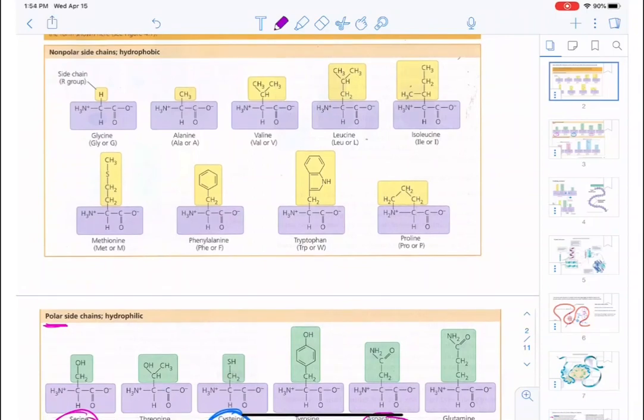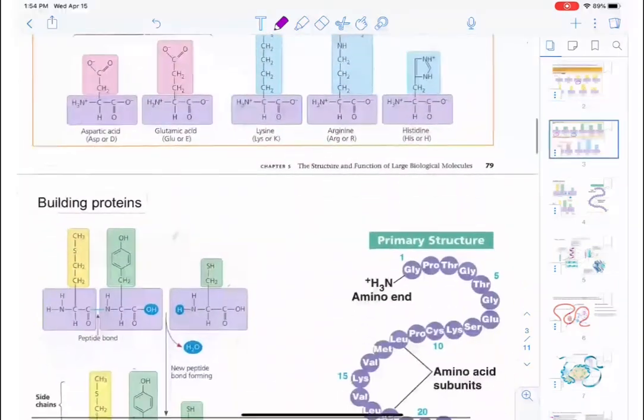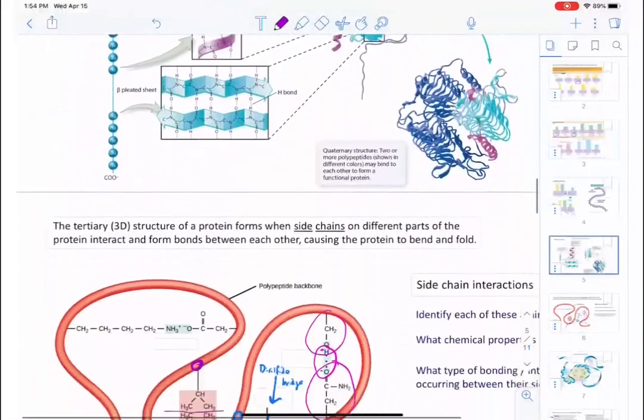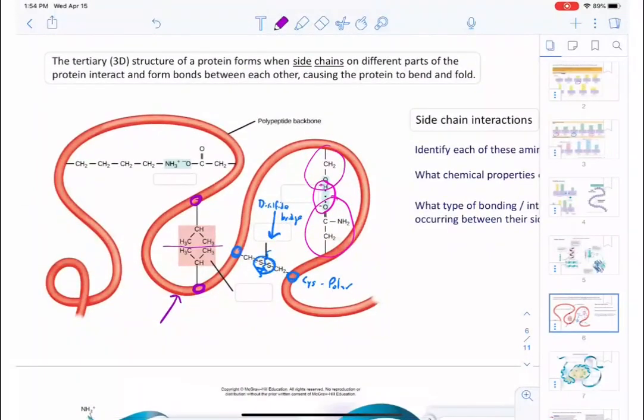Those are each valine amino acids. And those are nonpolar, they're hydrophobic. So that's a valine. That's a valine.